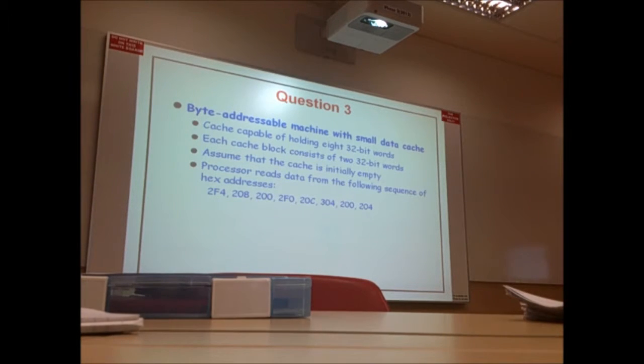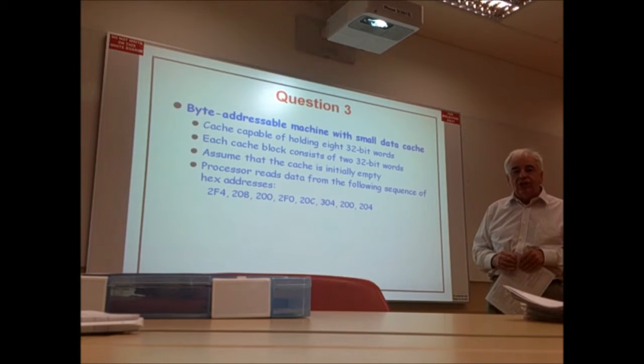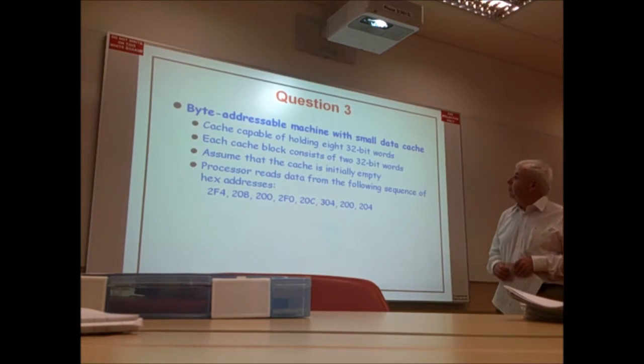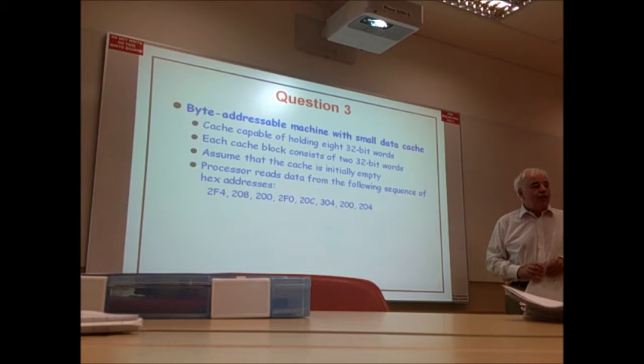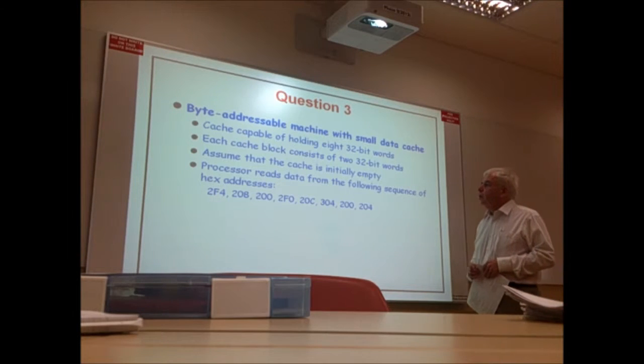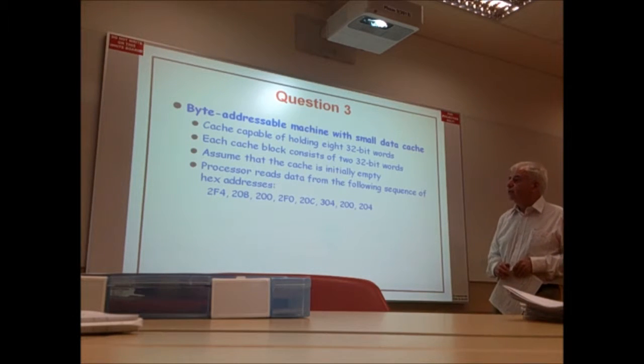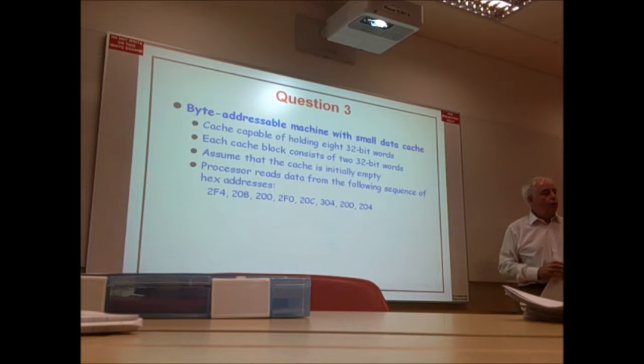So here we're told that we have a byte addressable machine and we have a very small cache. The cache can only hold 8 32-bit words, and each cache block consists of 2 32-bit words. So we only have 4 blocks in our cache.